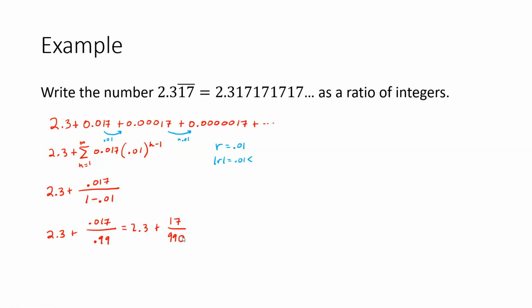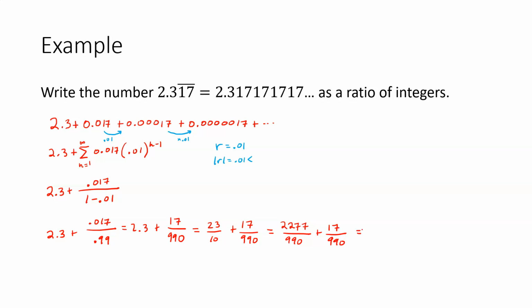And then I can combine these guys. So 2.3 can be written as 23 over 10. And then getting a common denominator, I'll multiply 23 over 10 by 99 over 99. So 23 times 99 is 2277 over 990, plus 17 over 990.